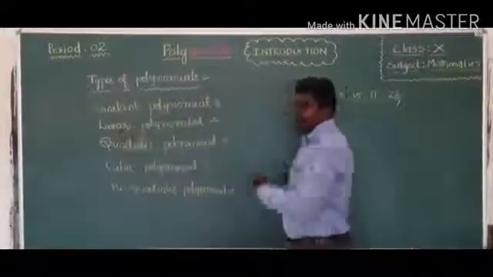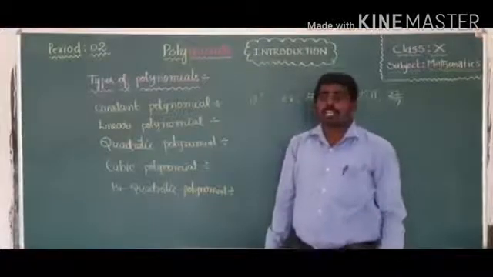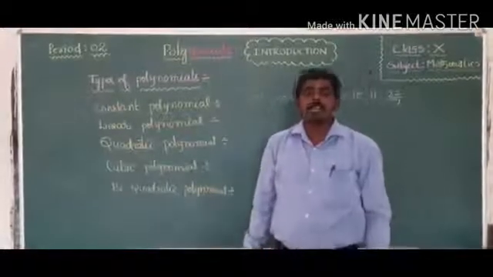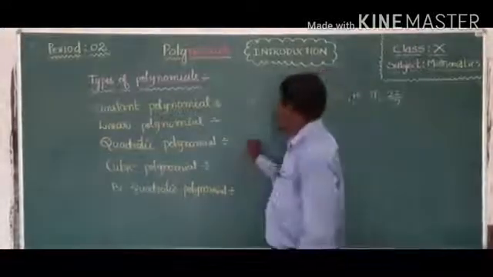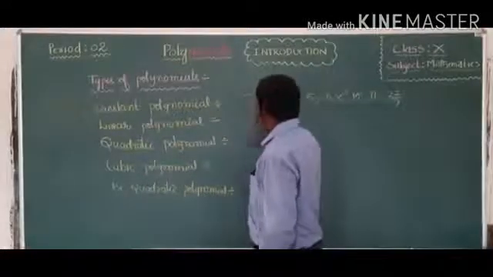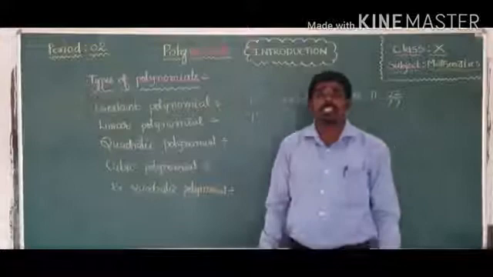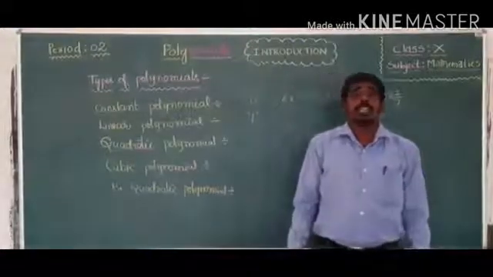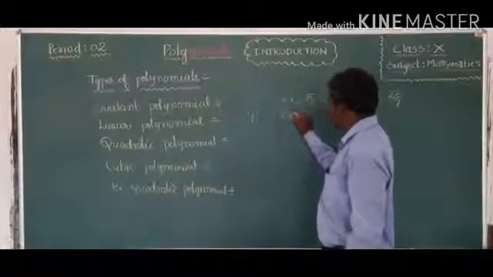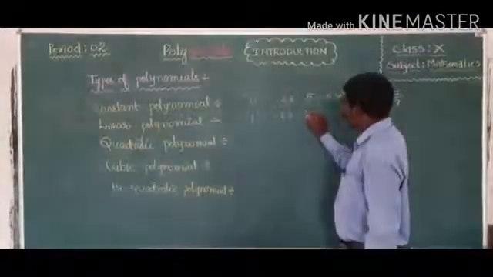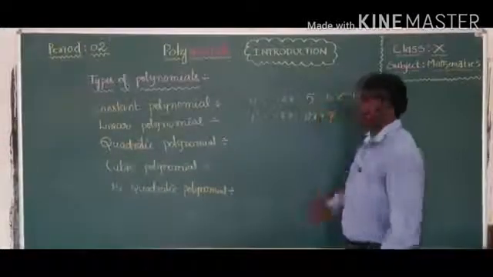Okay. And the next one is the linear polynomial. A polynomial of degree 1 is called a linear polynomial. One example I will give you: 2x plus 7.